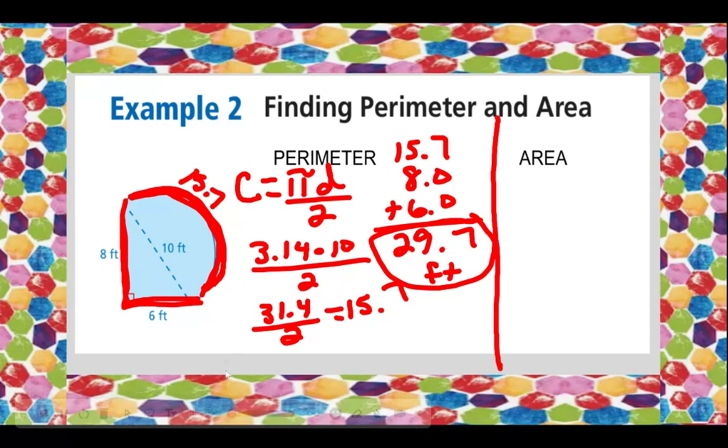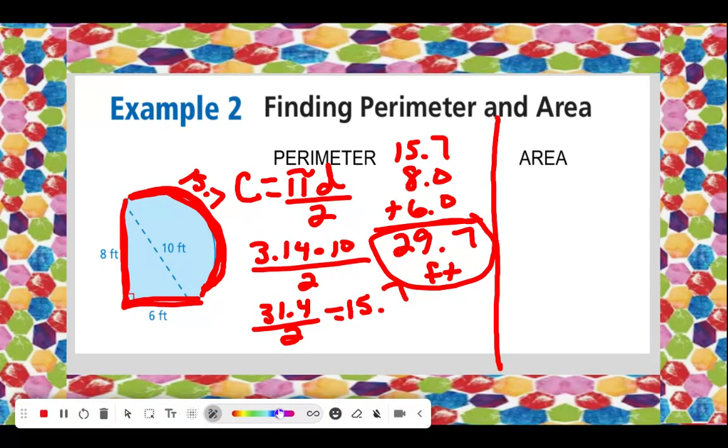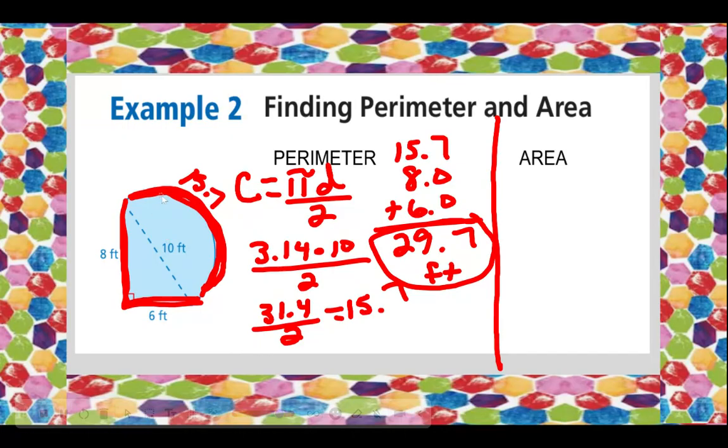Okay, now we need to find the area. Let me change my color. So I see for the area, we're finding the space inside. I see a semicircle and I see a triangle. So semicircle, so put semi, and a triangle.